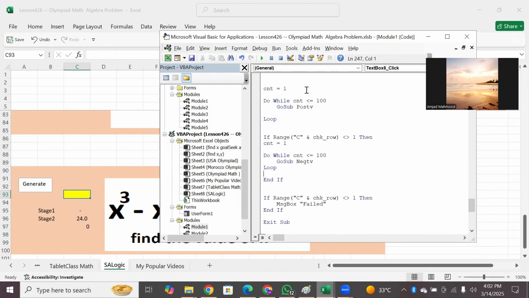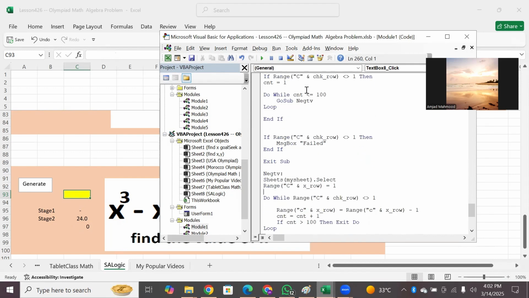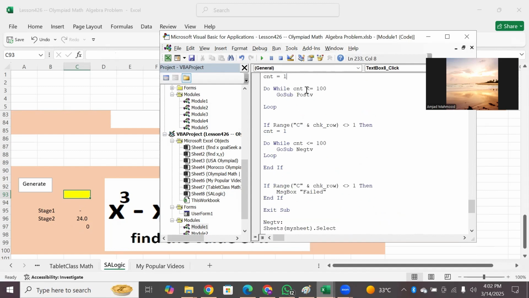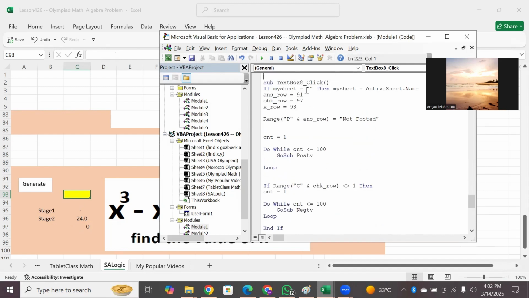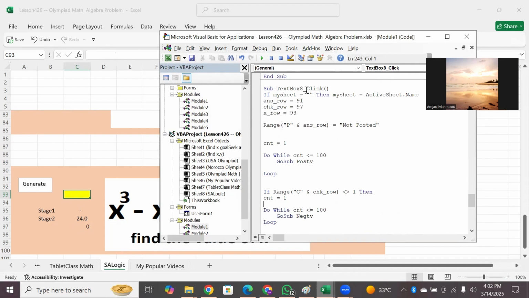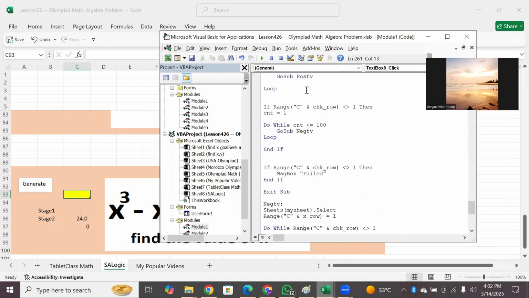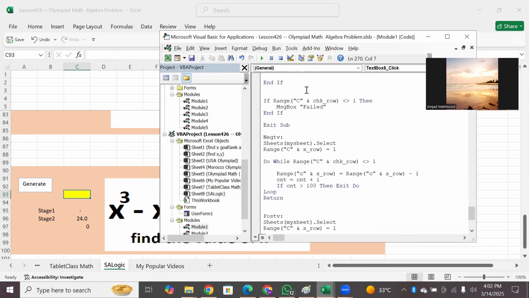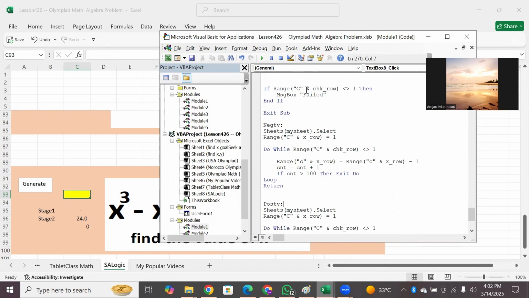So you have positive and negative routines here. The first is the positive routine, and the other is the negative routine, right? It will first try the positive sequence.